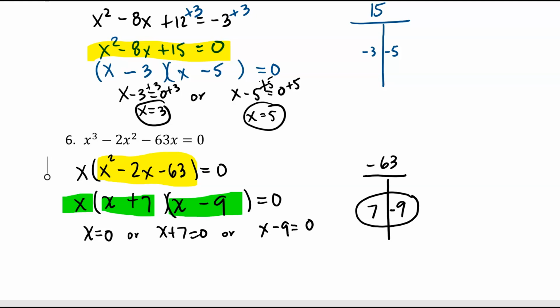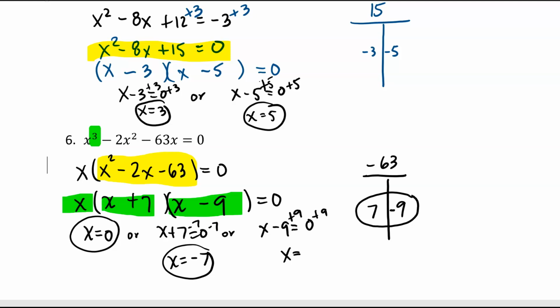So notice we have 3 different answers, and notice that our degree was also 3. So x equals 0 is one solution. We're going to subtract 7 to get the second solution, which is -7. And we're going to add 9 to both sides to get the third solution, which is 9.